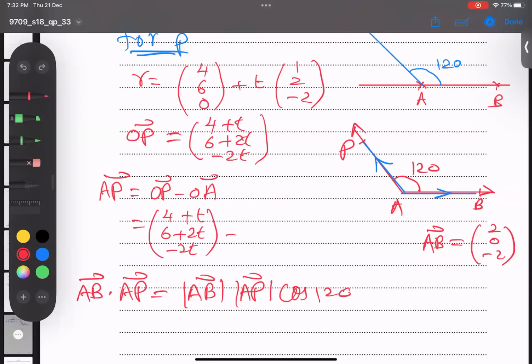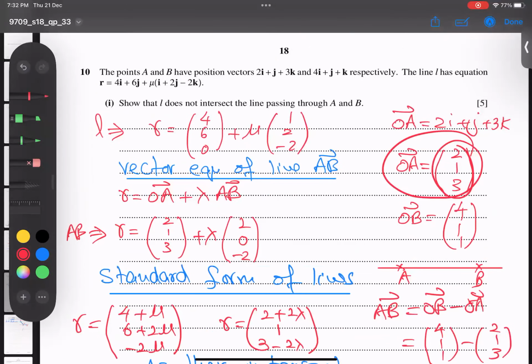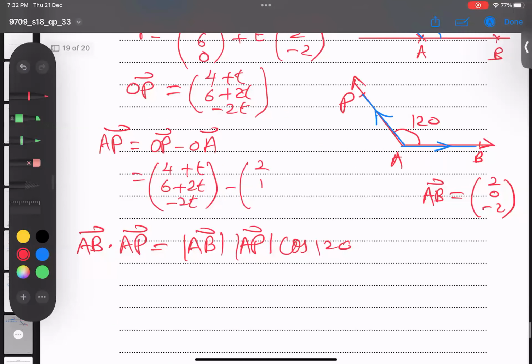And where is OA, student? Let me pick from the top. OA is this, 2, 1, 3. Now 4 minus 2, I got 2 and T as it is. So 2 plus T. 6 minus 1 is 5, and 5 plus 2T. And this minus, I get negative 3, negative 2T. So Alhamdulillah, AP, I got it.